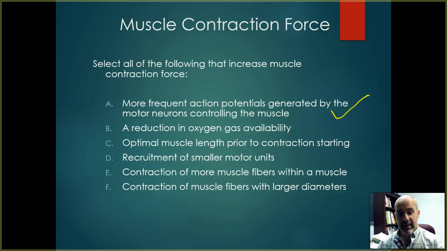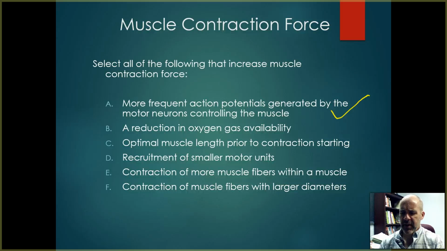Why is that? Because that's going to stimulate acetylcholine to keep coming out of the motor neuron. That's going to continue to trigger action potentials on your muscle fiber. That's going to keep calcium out of the SR, and that's going to keep it available so that you can keep doing your cross-bridging.